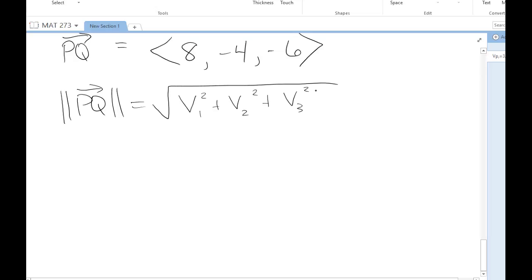Because you're subtracting zeros, right? If it's in component form, that means the initial point is 0, 0, 0. So minusing zeros doesn't do anything, so we just don't even use it in the formula.